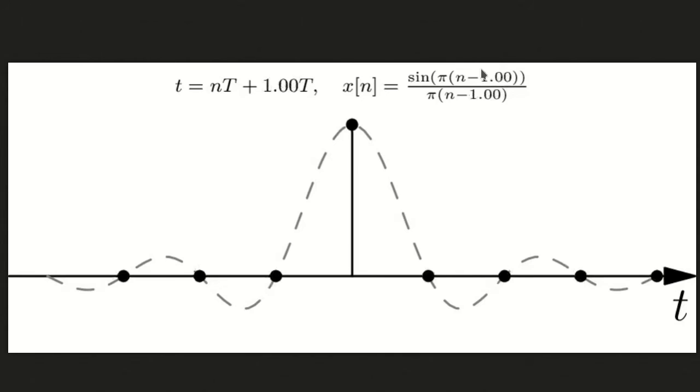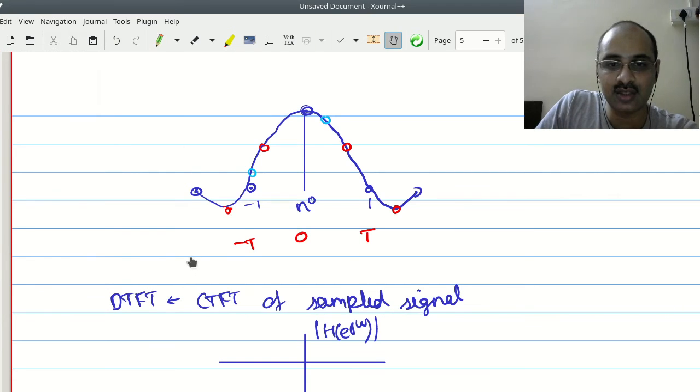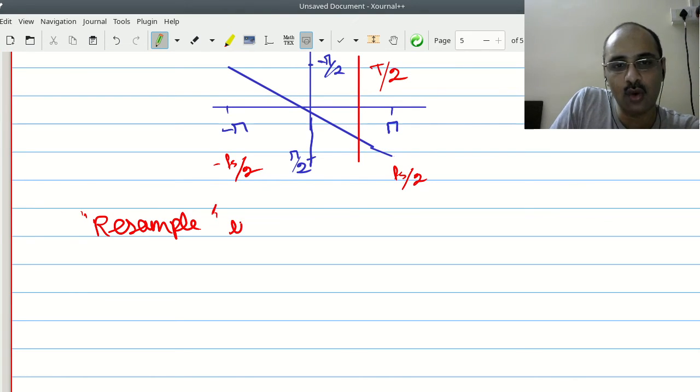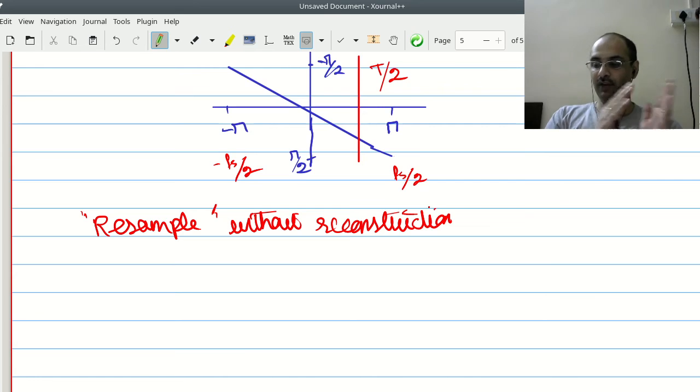Now, what is the use of this? The use of this is that you can actually resample without reconstruction, meaning that you can perform the resampling without having the reconstruction. You don't have to come back to the continuous time domain and sample again.